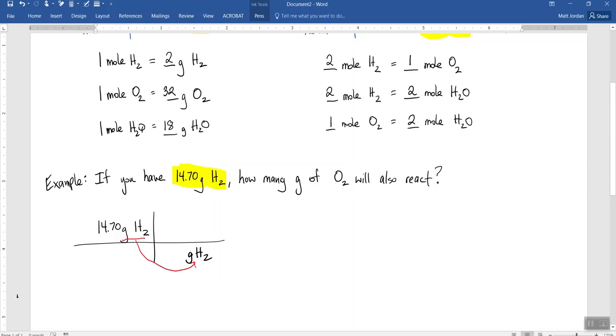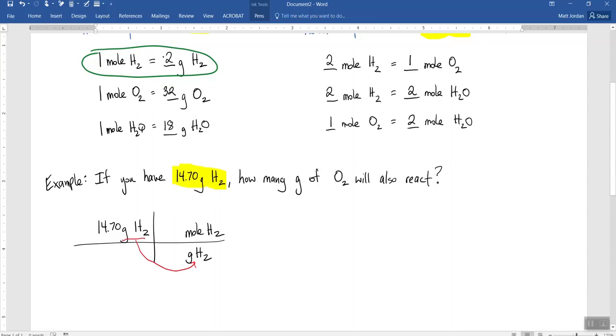I have only one conversion here that actually has grams of H2 in it, so let's circle that. Its corresponding unit is moles of H2, the other unit on the other side of this equality.